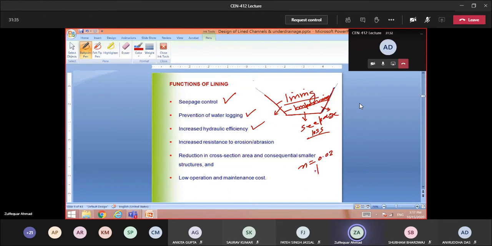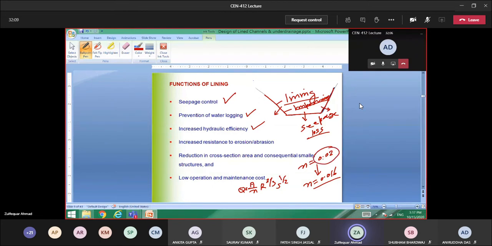But if you put a concrete surface, your Manning coefficient reduces to 0.016. Just write the Manning equation: Q = (1/n) R^(2/3) S^(1/2) A. You can see here that the discharge is inversely proportional to n, and has a direct relationship with the other terms. So decreasing the value of n from 0.02 to 0.016 means you are increasing the discharge by a factor of 0.02 by 0.016, and that is the increased hydraulic efficiency.